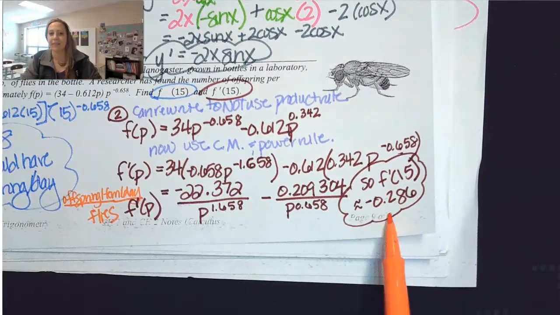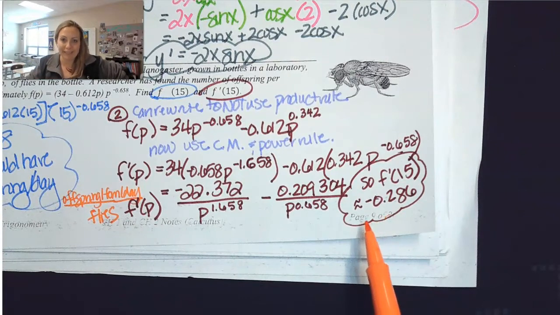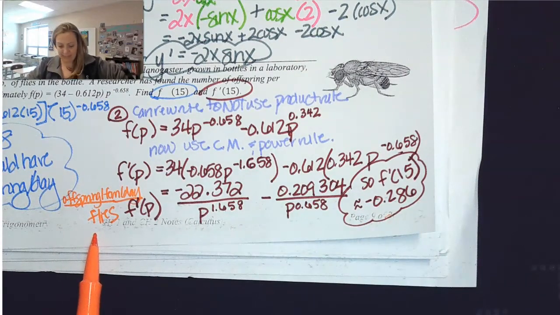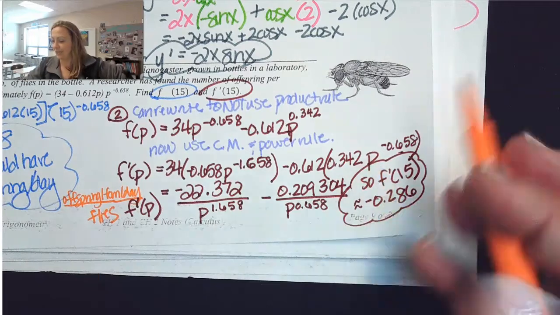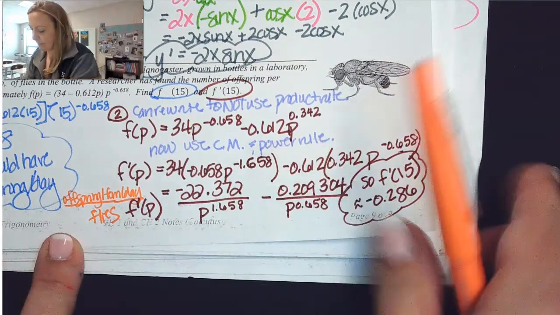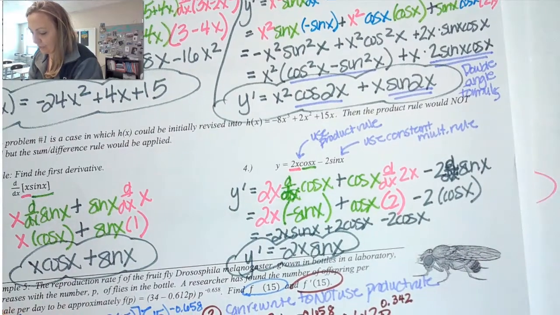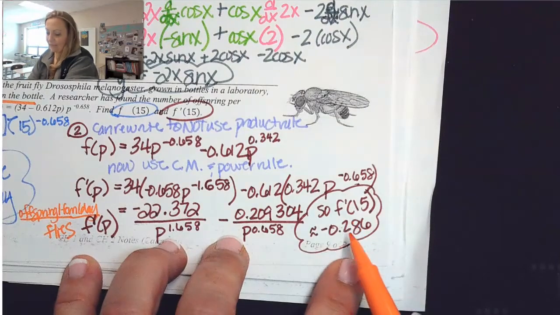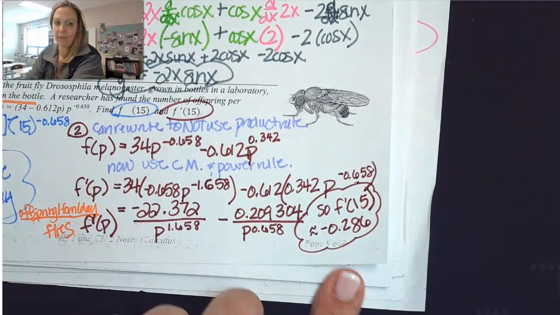So the unit is basically the offspring per female per day per fly. So we can see as we add more flies, it's going down at that point. They're saying it decreases with the number of flies in the bottle, and that's really what that negative rate of change is telling us here.